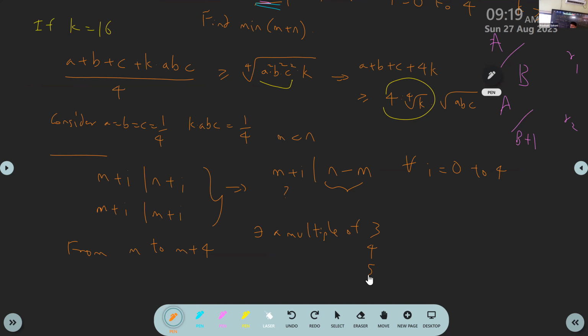Because these are 5 consecutive terms, so one of them has to be a multiple of each of them. If I take the LCM of all these, that is 60, right? So 60 has to divide n minus m at least, correct? So therefore 60 divides n minus m.